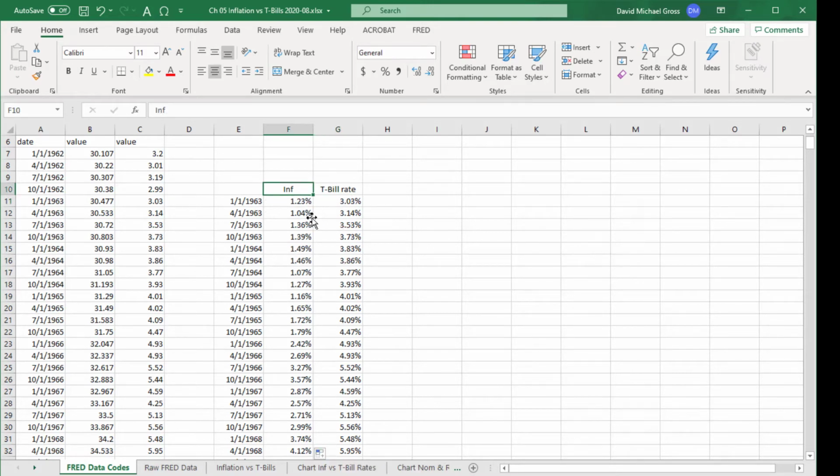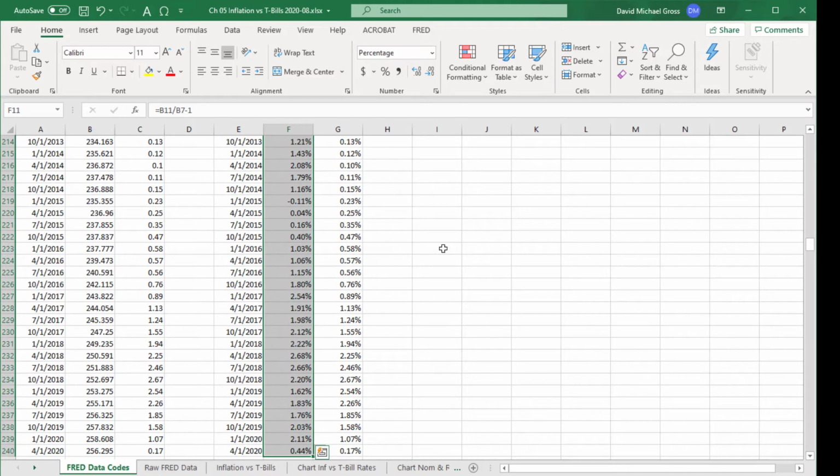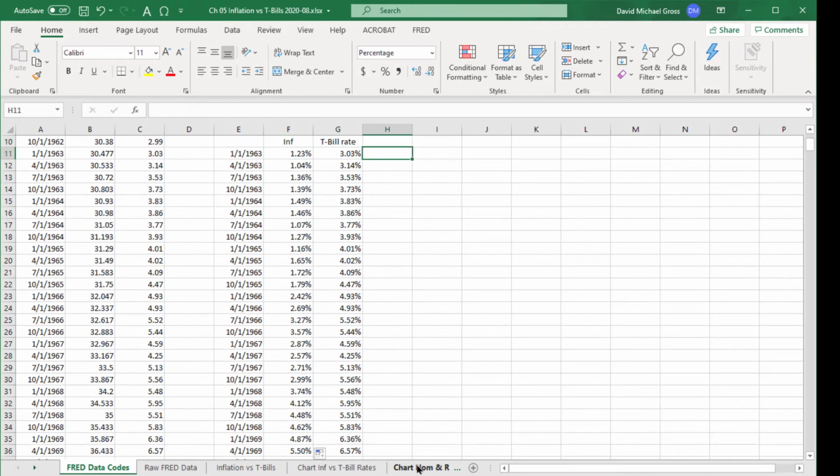I can see that I'm going to have this for 230 quarters all the way through April of 2020. The last thing I'll do is compute the real rate. And remember, the real rate is going to equal 1 plus the nominal rate divided by 1 plus the inflation rate, all of that minus 1, and I get, oh, made a mistake.